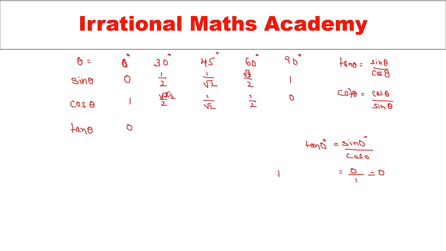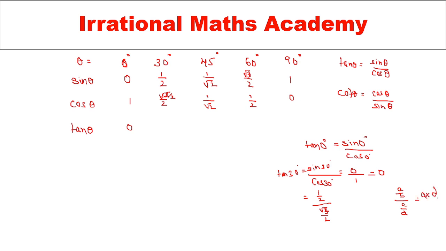Next, tan 30. Tan 30 is nothing but what? Sin 30 degrees by cos 30 degrees. Sin 30 degrees is 1 by 2. Cos 30 degrees is root 3 by 2. If you know a by b fraction by c by d fraction, what we can write?